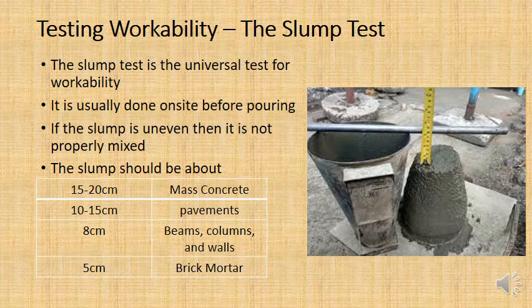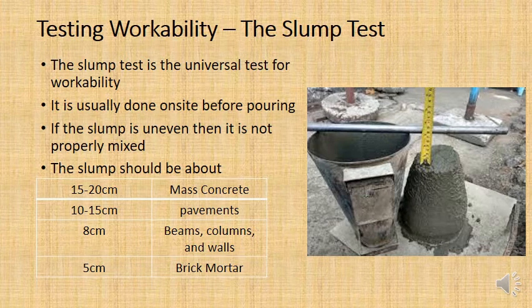That's concrete that you're pumping through a concrete pump. About 15 centimeters for making a concrete pavement. About 8 centimeters for a concrete beam or columns or walls for a high-rise, and about 5 centimeters or even less for brick mortar if you're making a brick mortar.